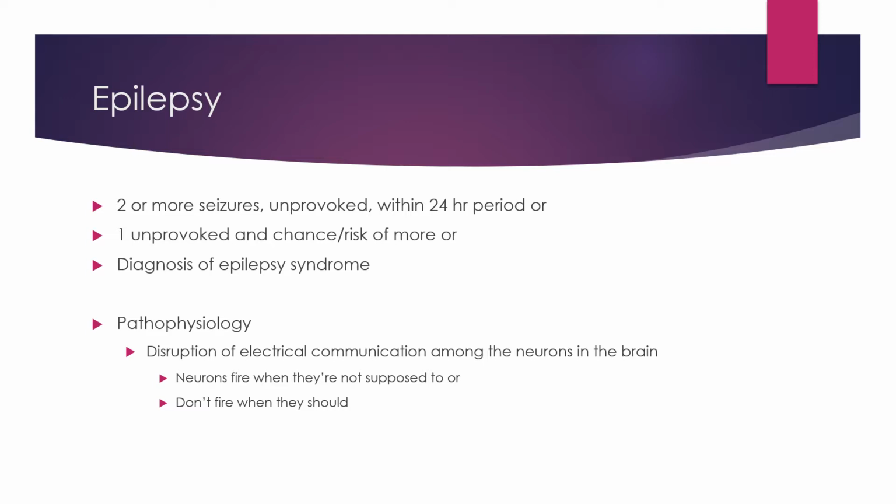So if you have that risk category, plus you've had a witnessed unprovoked seizure, then we will call it epilepsy. And there are a couple of, in addition, some syndromes, specifically epileptic syndromes, that also fall into this category.